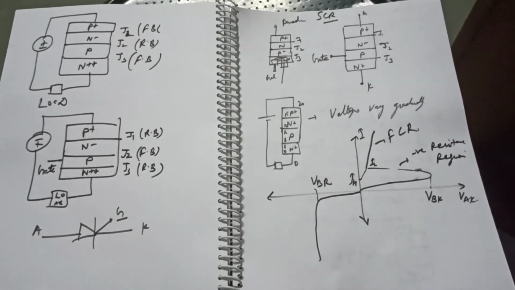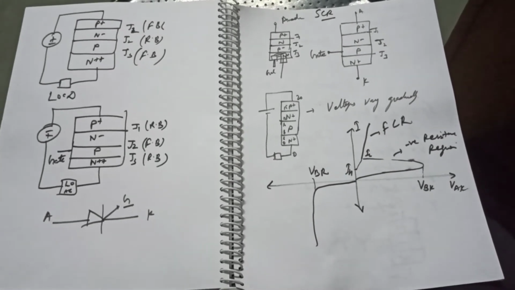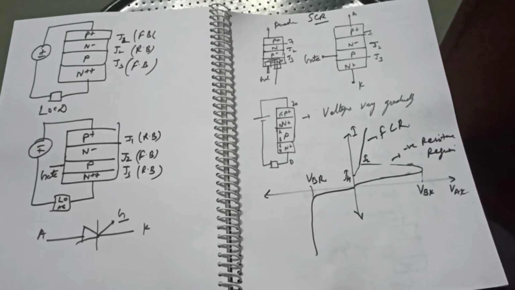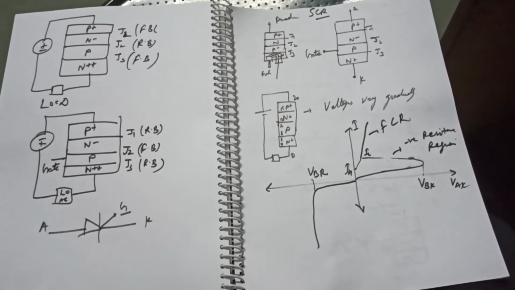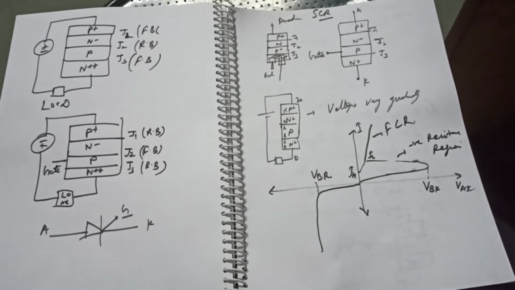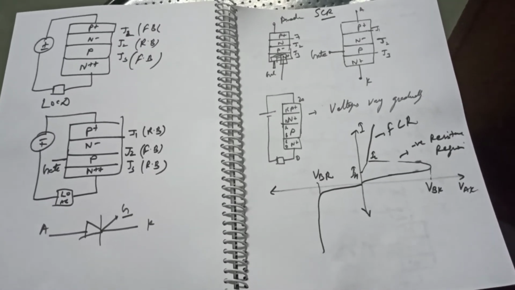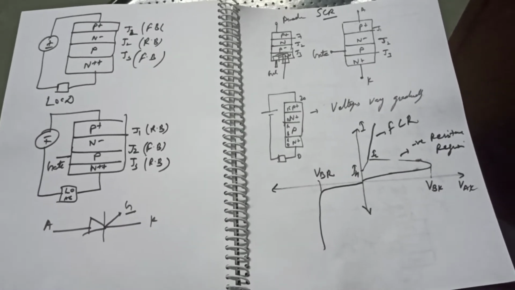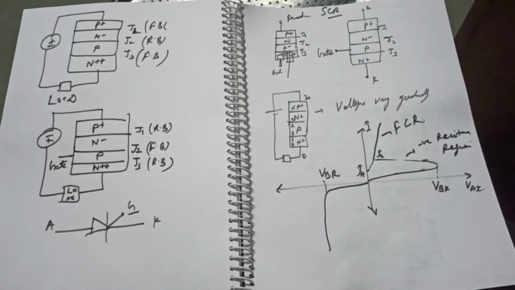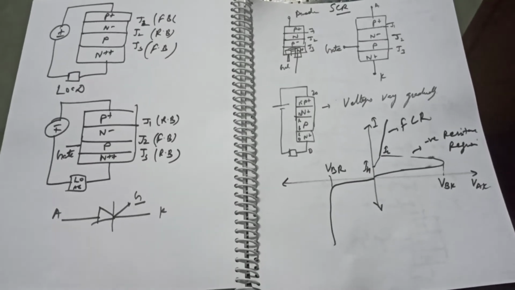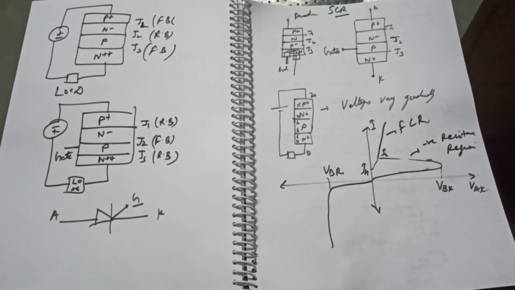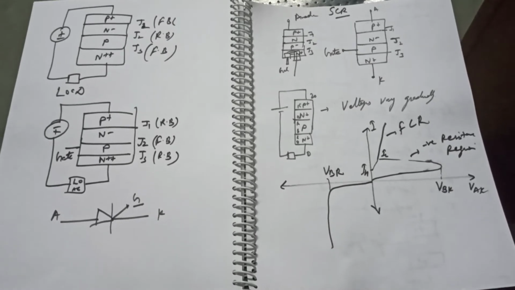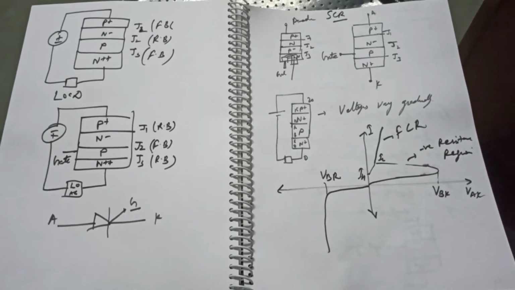So the thyristor is basically a device that is used for controlled power flow. It is used for controlling the flow of power as desired. The second part is that it is used for providing controlled inductance or controlled capacitance.